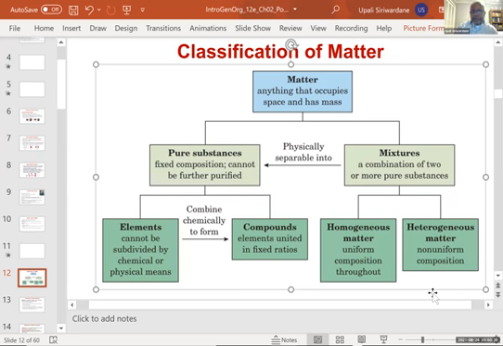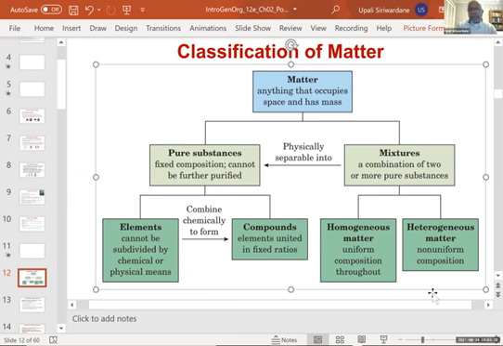When you say pure substance, it is either an element or a compound. They have fixed chemical properties. Mixtures are mixtures of pure substances, either an element with a different element, or a compound with another compound, or an element and another compound.